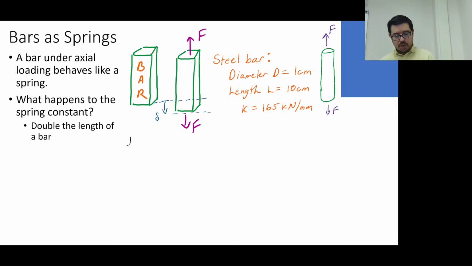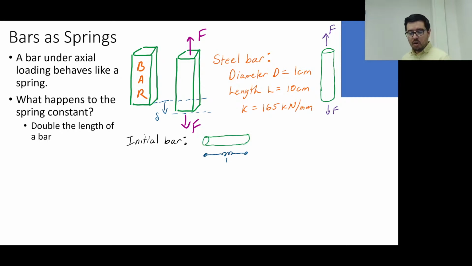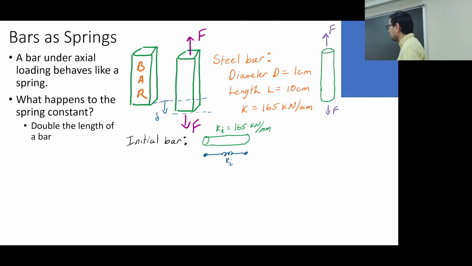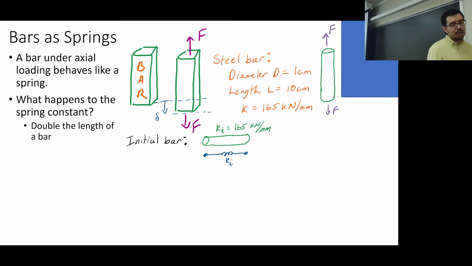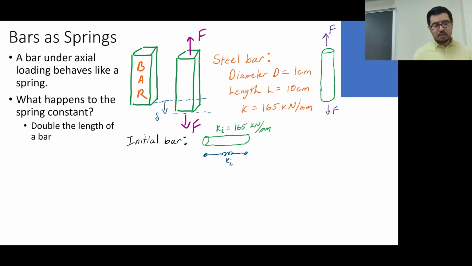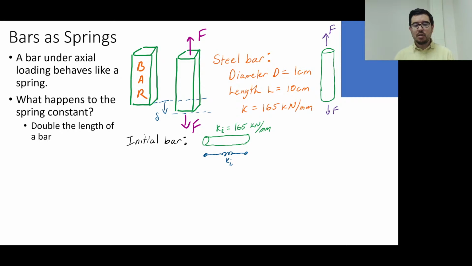So when I draw out an equivalent spring, you can start to think of this in terms of circuits. Here's a bar, it has some K associated with it, and we can say it's a spring.